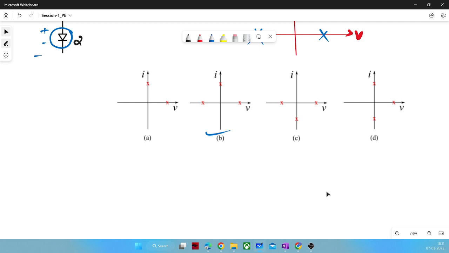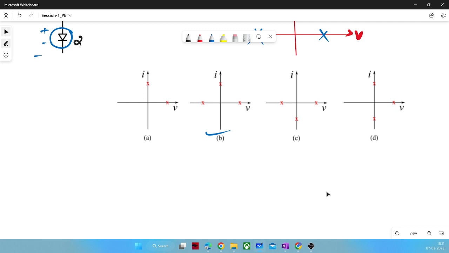However, in many cases we discard the off state losses, because generally a diode also allows a very small amount of current to flow, known as ICO or something.